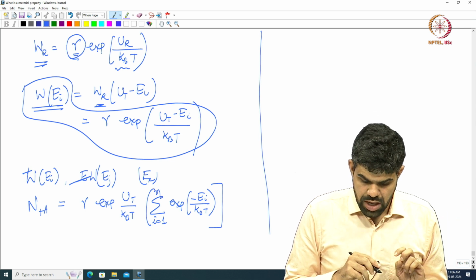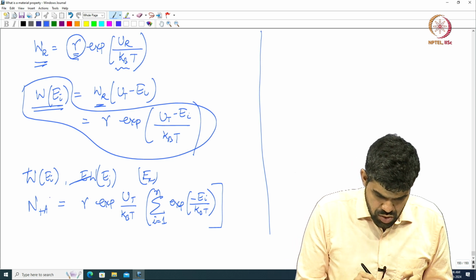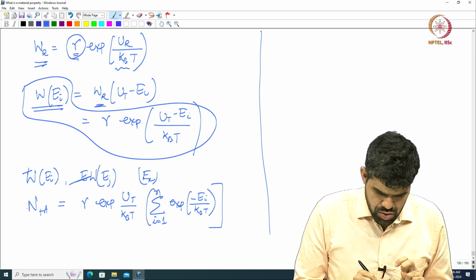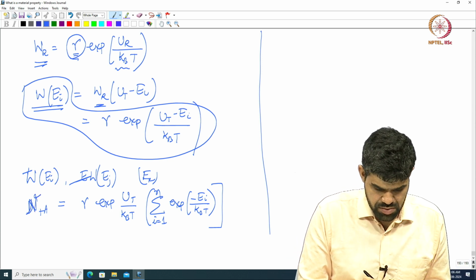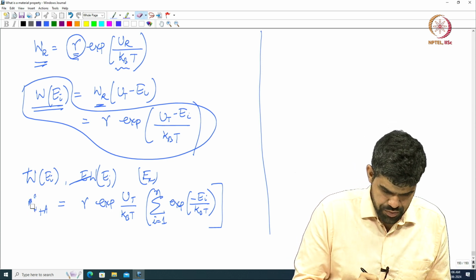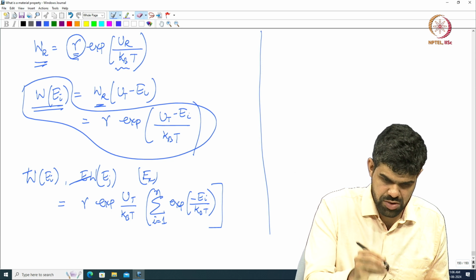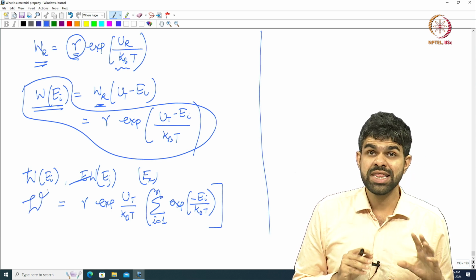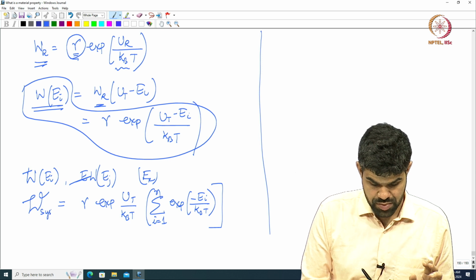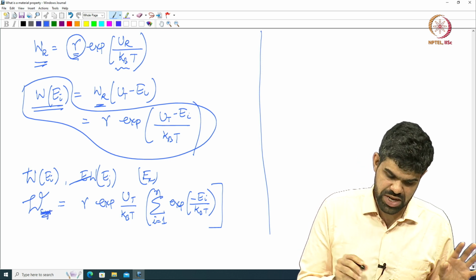Okay, so this is the total, n total. So this is the total number of microstates. I am just going to write it as script N or script W, because we are using W. So this is the total number of microstates in the system.